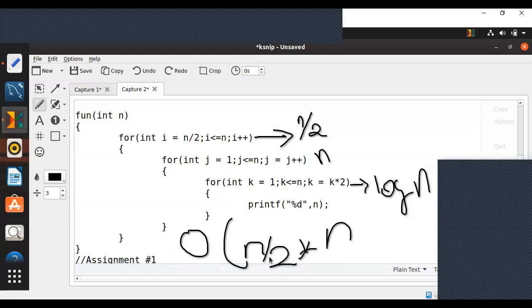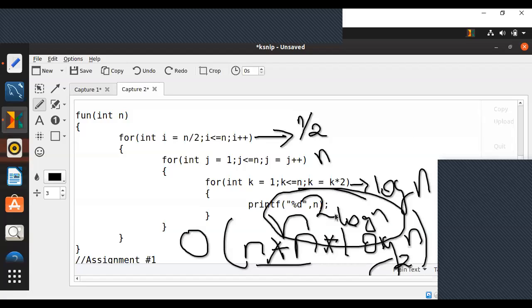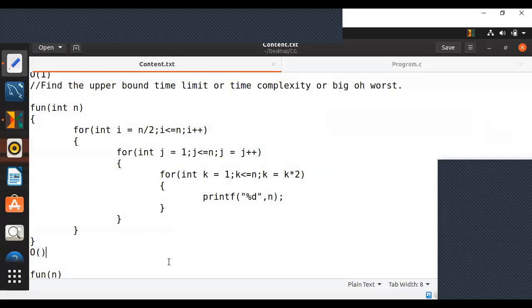If you calculate it separately, instead of n by 2 into n, this will become n into n into log n base 2. So when you calculate n into n, you're going to get n square log n. So essentially, the worst time complexity of this is somewhere around n square log n. So you can call this as square of n into log n. I'm just writing it over here.